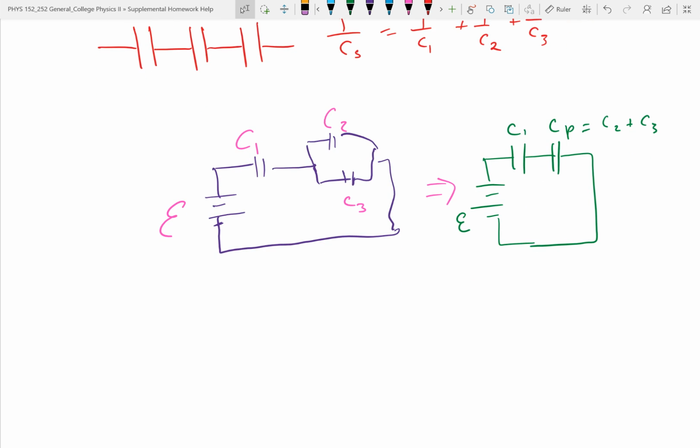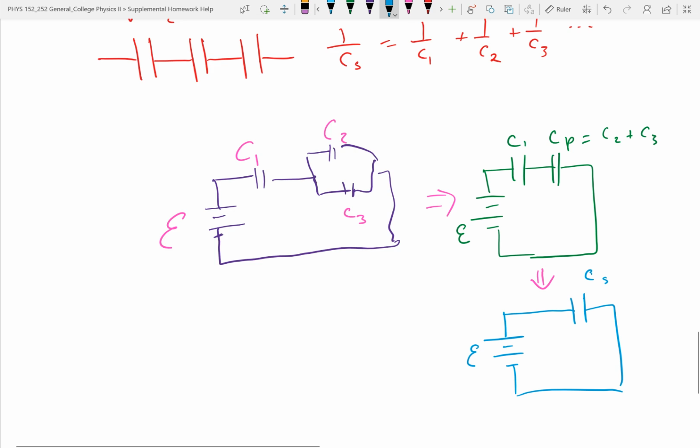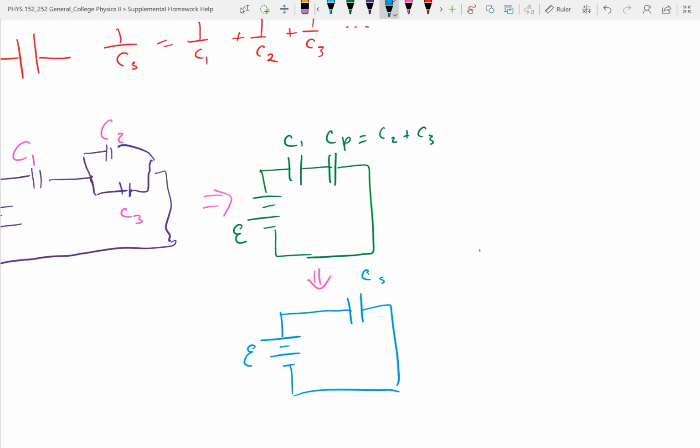And then that is equivalent to C series, where now I have to use 1 over C series equal to 1 over C1 plus 1 over CP, which was C2 plus C3.